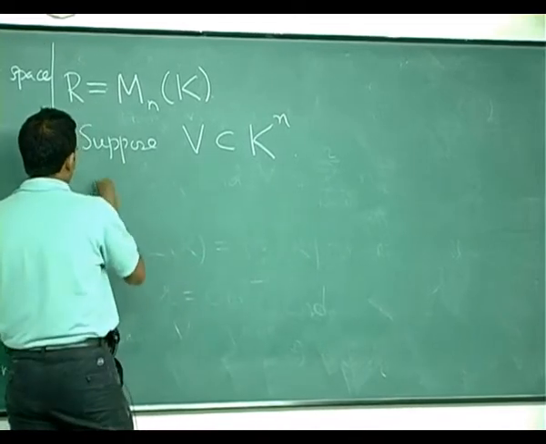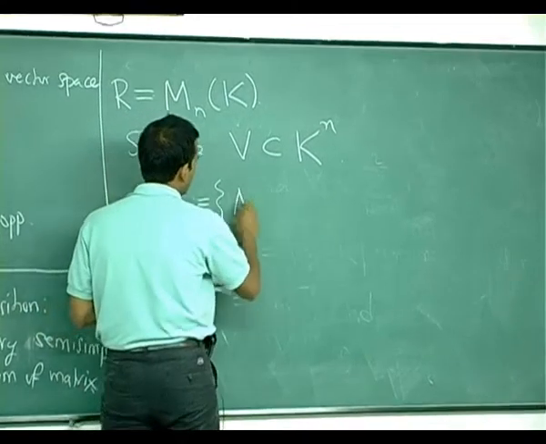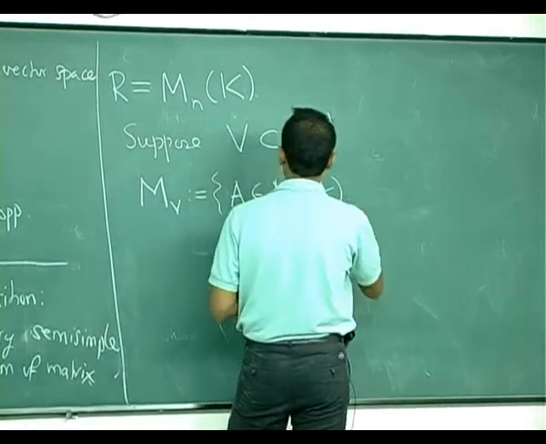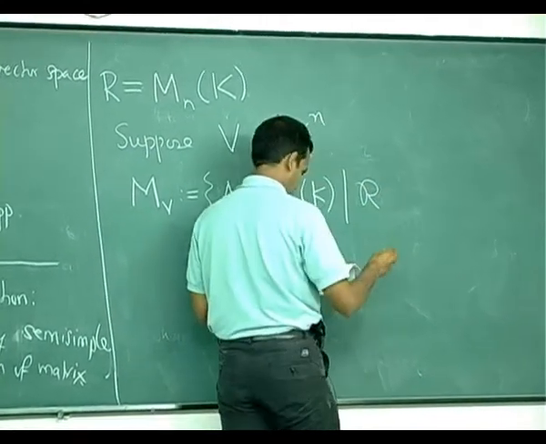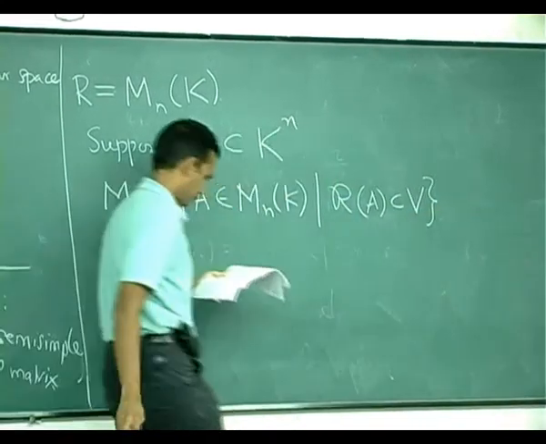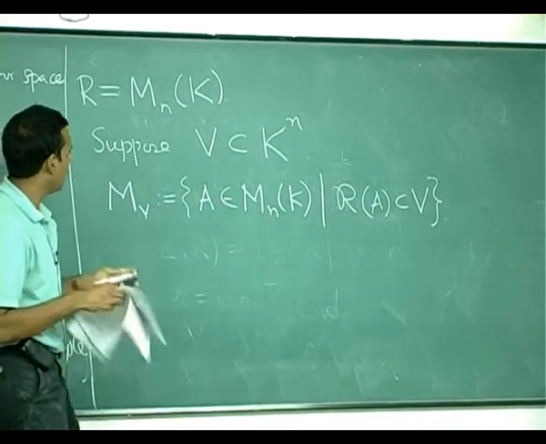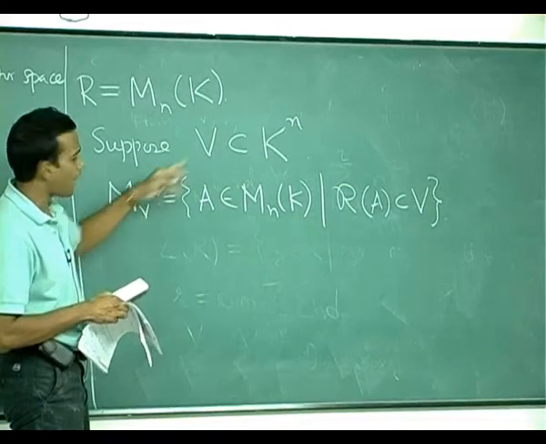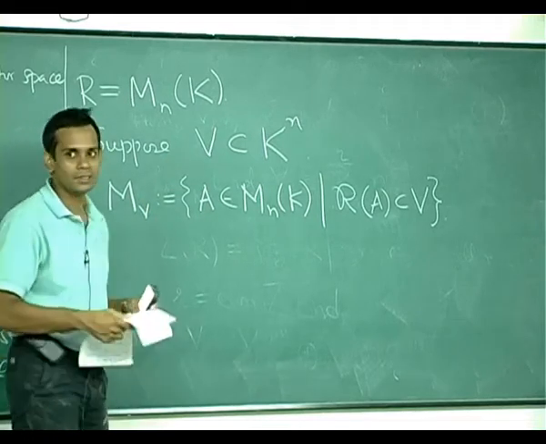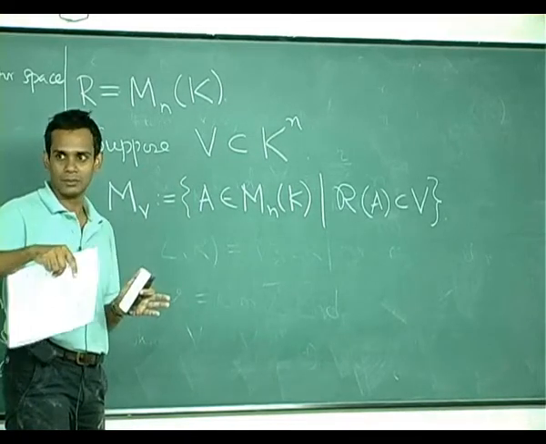Now, if you're given a subspace, you look at the following. M_V is those matrices whose row space is contained in V. So for example, if V is the subspace spanned by the first coordinate vector, then M_V will consist of matrices whose first column is allowed to be non-zero, but all other columns have to be zero.